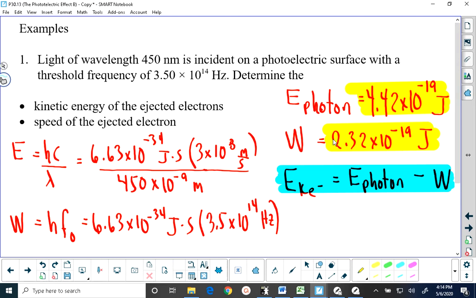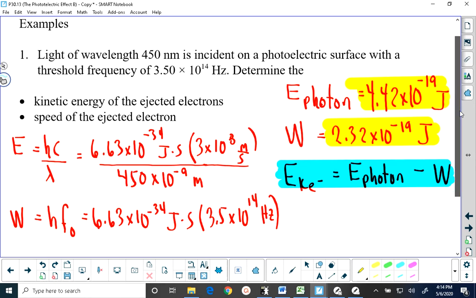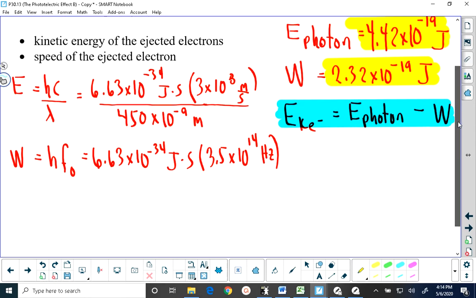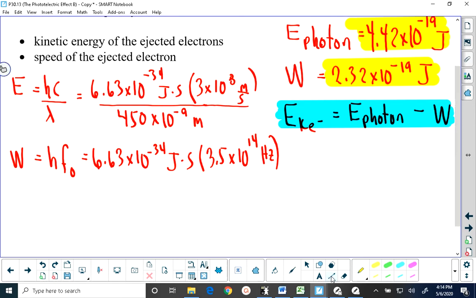By the way, when you look at the energy of the photon before it's absorbed, it's bigger than the work function, and that means the photoelectric effect is going to occur. So how are we going to determine the kinetic energy? We're just going to find the difference between those two energies.